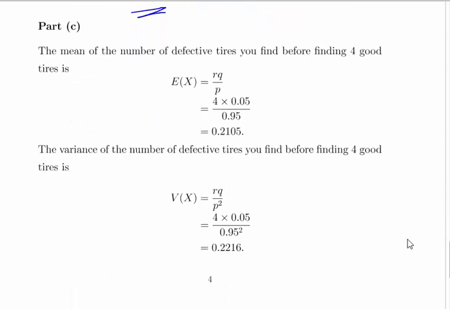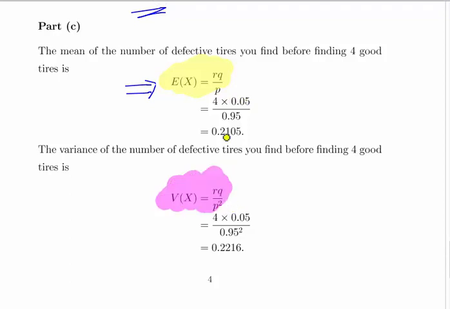Now, finally, the mean and the variance of the defective tires you must find before you find 4 good tires. Well, this is the expected value of x. Just remember, this formulation of the expected value is particular to the formulation of the probability mass function.